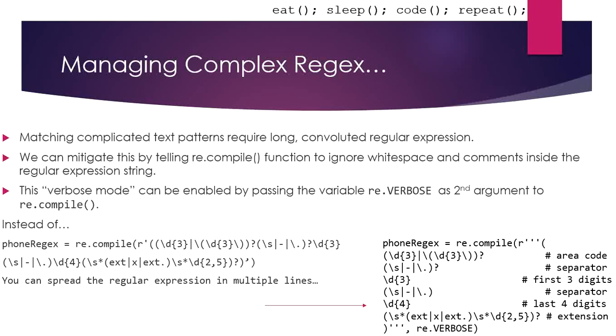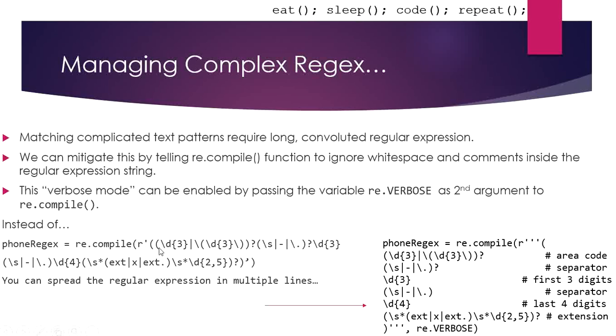Now re.VERBOSE allows us to make this multi-line matching, as well as have comments for better understanding. So this is going to be the area code. Here we have a question mark, meaning it will be present or not present. Here we have a separator.